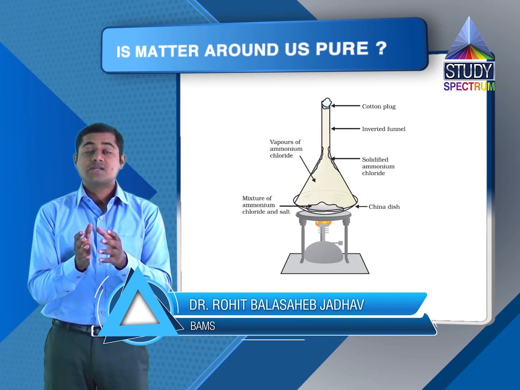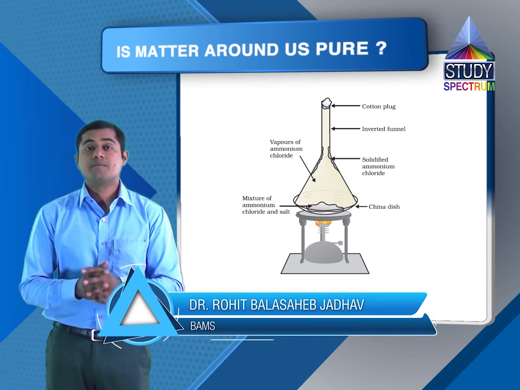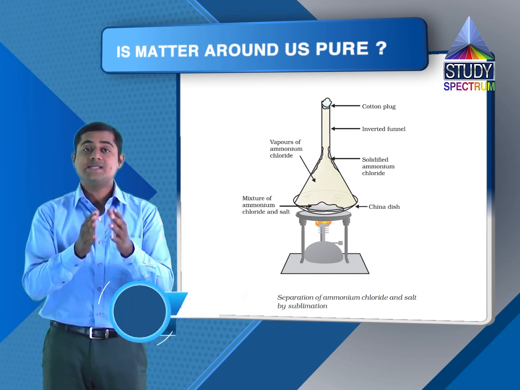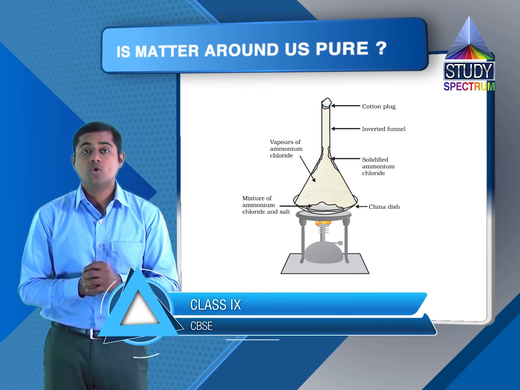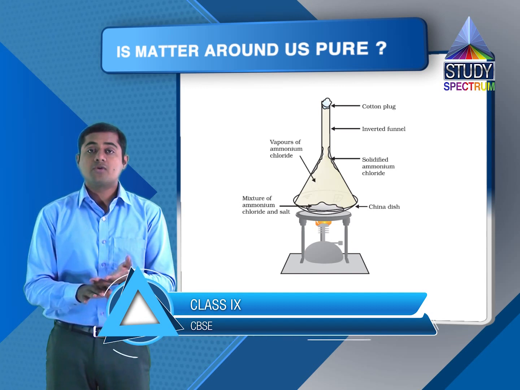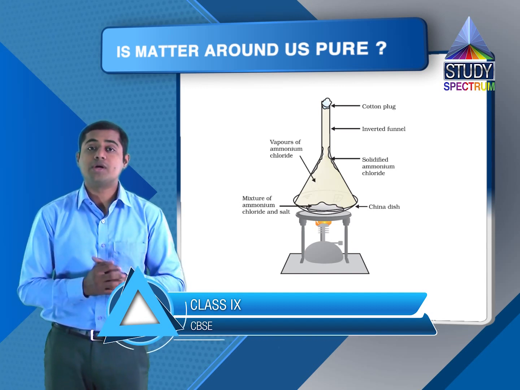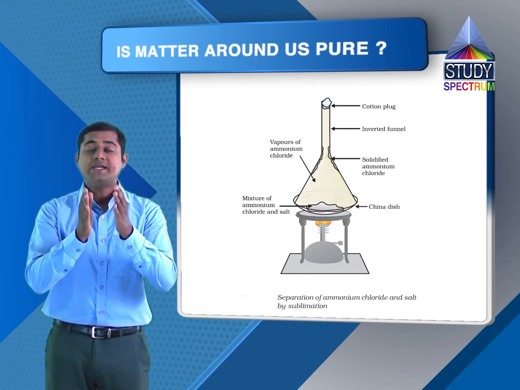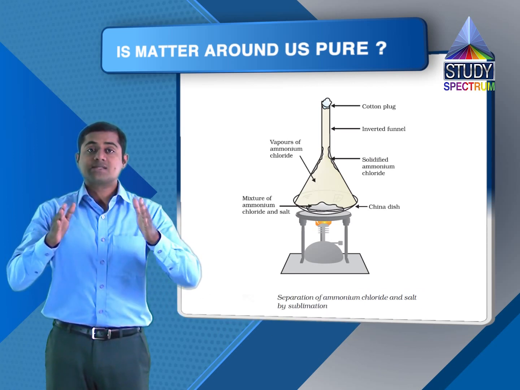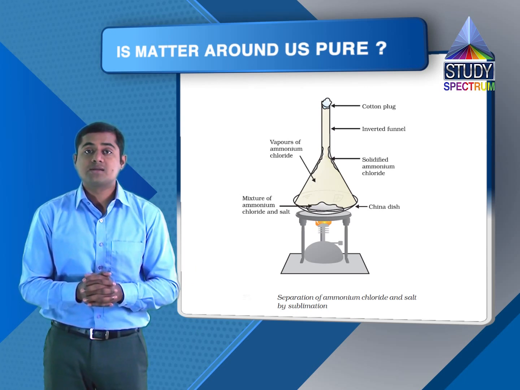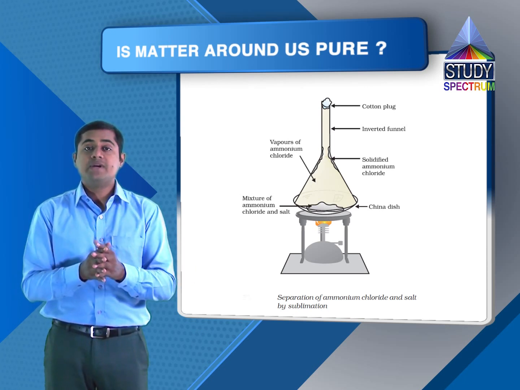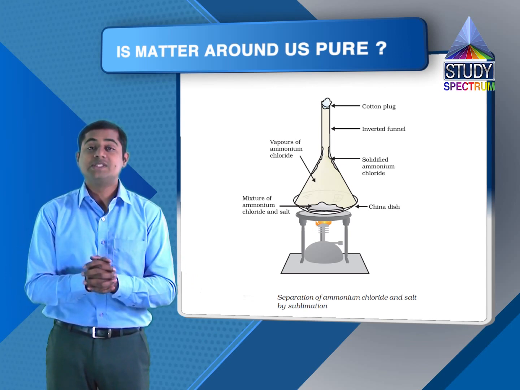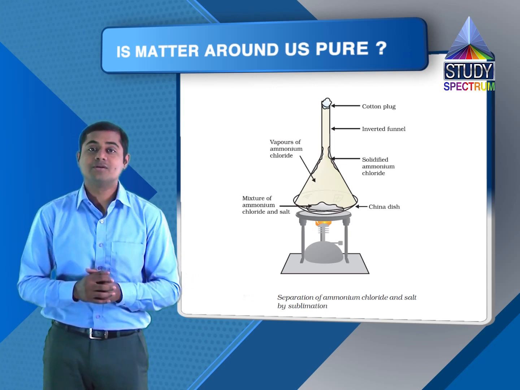Ammonium chloride starts to sublime. After the process of sublimation, the gaseous ammonium chloride is separated from the mixture, from the impurity of the salt, and those gases settle on the glass of the conical flask and condense over there, and we get a solid layer of pure ammonium chloride which is separated from the salt.